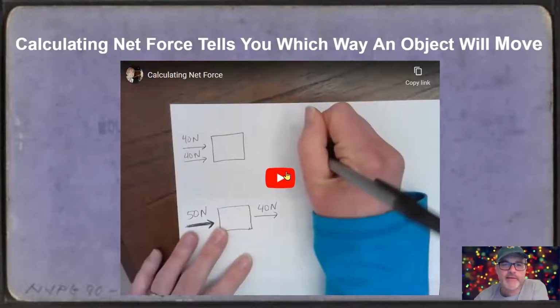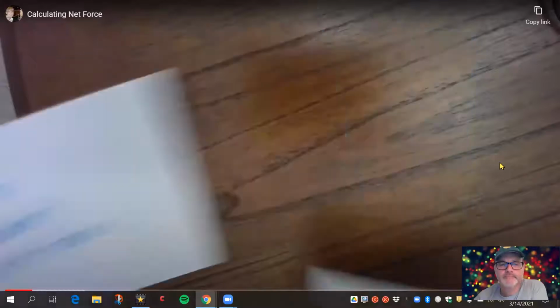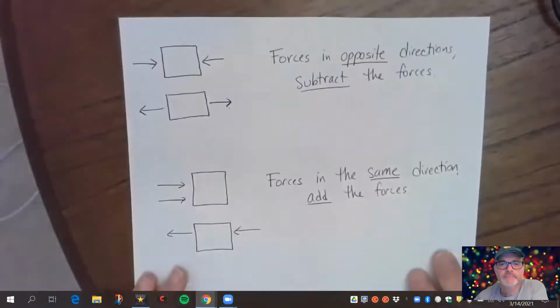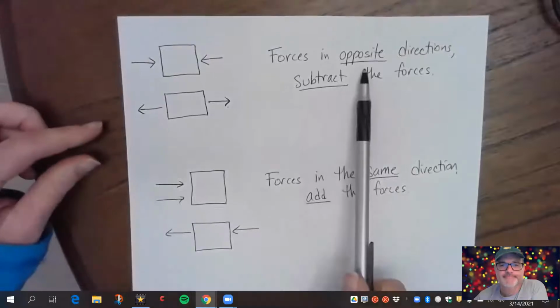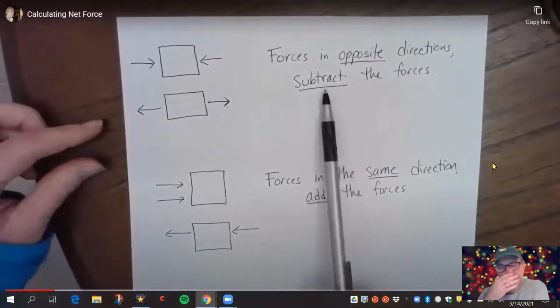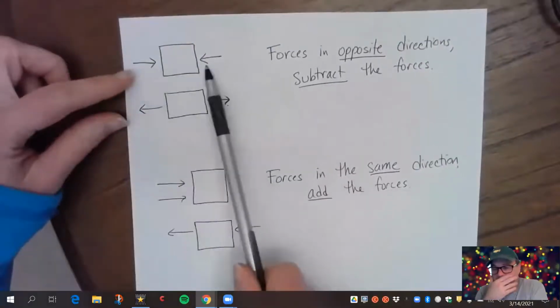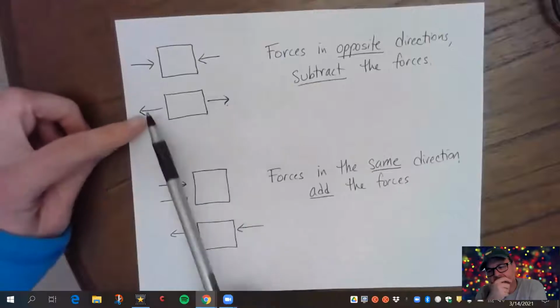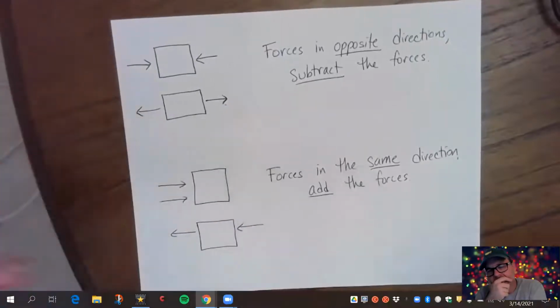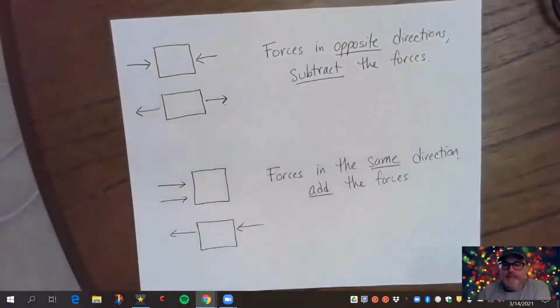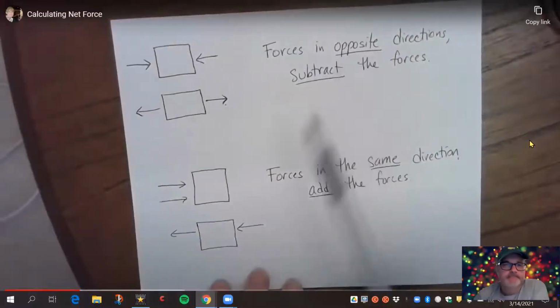This is how to calculate net force. The big important things here: if the forces are acting in opposite directions, we're going to subtract them. So we've got a force to the right, a force to the left, they're opposite. Again, a force to the left, a force to the right, they're opposite. So whether they're pushing against each other or pulling away from each other, those are opposite forces, and you're going to subtract them.